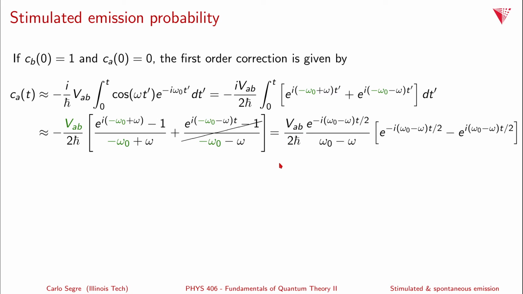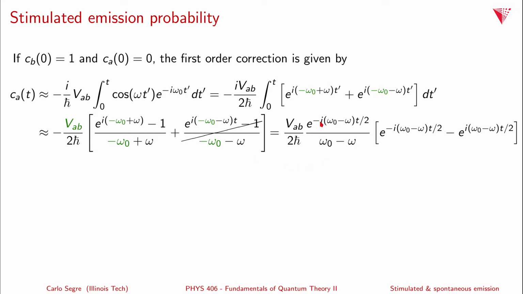Our final expression for Ca is then equal to V_AB over 2 h bar. Now we're going to factor out an (omega 0 minus omega) from the denominator, and from the numerator we're going to take out e to the minus i (omega 0 minus omega) t over 2.